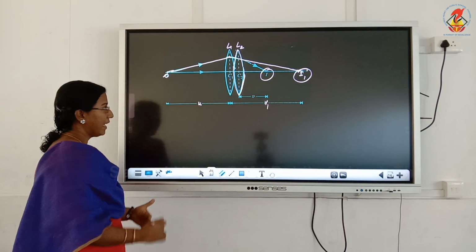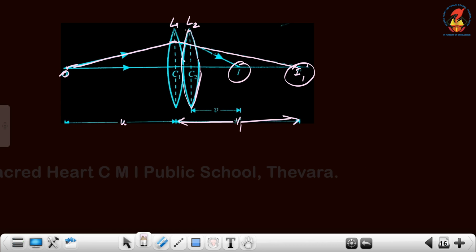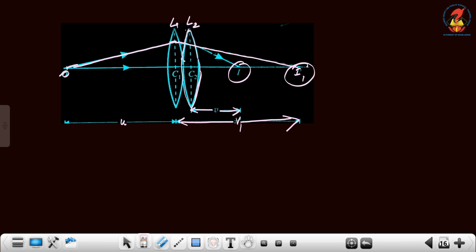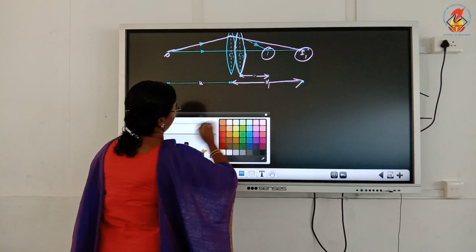And for the final image, V1 will be the object distance, because I1 is the object in the case of lens L2, and V will be the final image. So let us find out the focal length for such a combination.